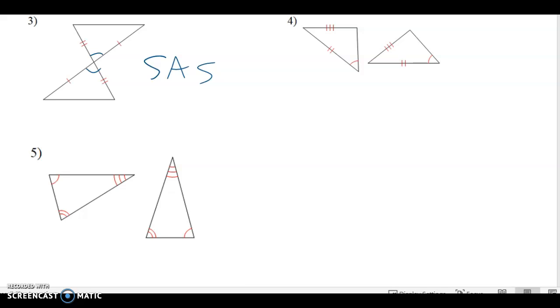Now, for example 4, I've got 2 sides, right? One with 3 hashes and one with 2 hashes, and 1 angle. So, side-angle-side, right? Except, not so fast. If we look over there, we see that our angle is not in the right place. It's not where it's supposed to be. We're supposed to be looking for angles that are included.